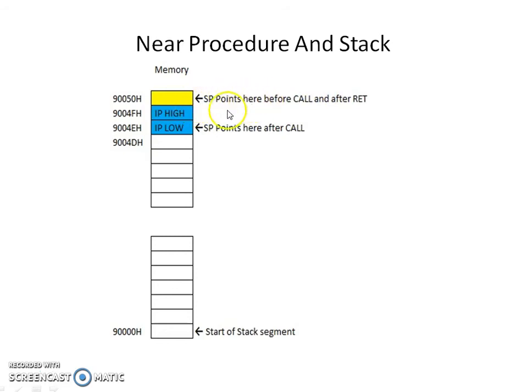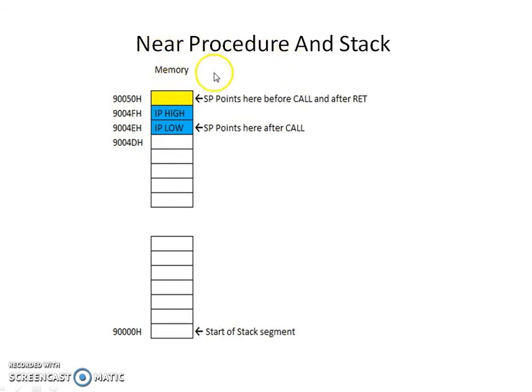So you have to push the IP register contents into the stack when you call a procedure. It will immediately push the IP high and IP low register contents into the stack. This is about the near procedure.